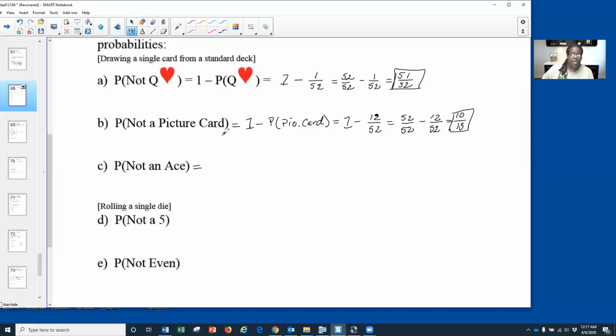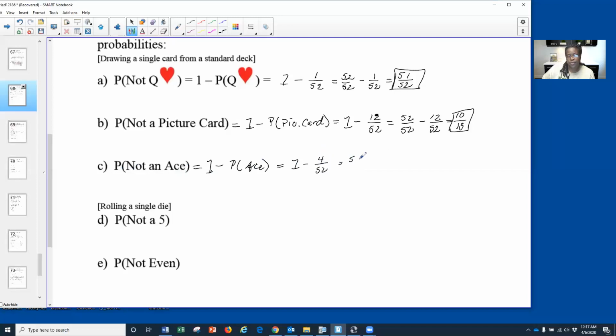Okay, here we are. It says probability of not an ace. So we have 1 minus the probability of getting an ace. Now, they did not say what kind of ace. So we're just talking about all the aces in the deck. All right, so here we are, 1 minus the probability of an ace. We have 4 aces out of 52.